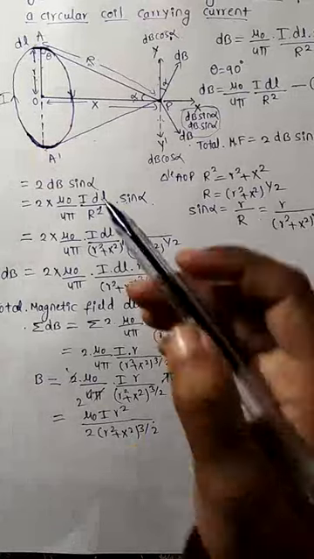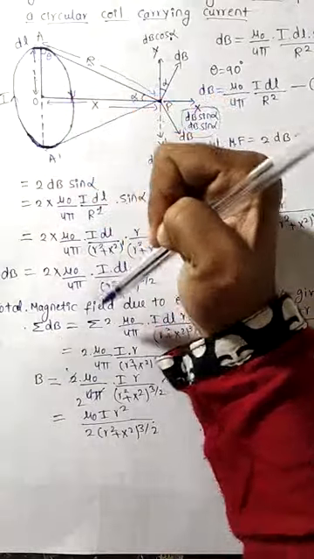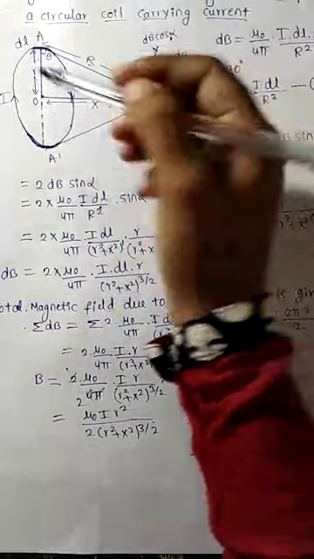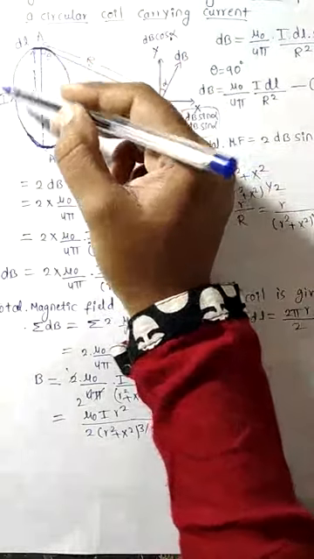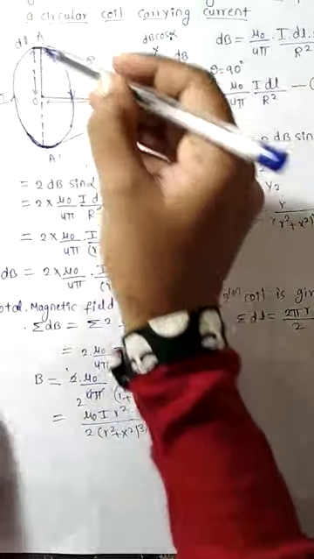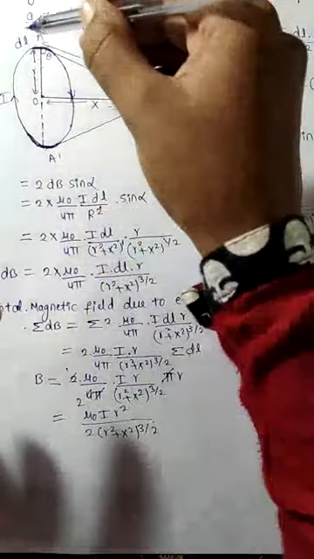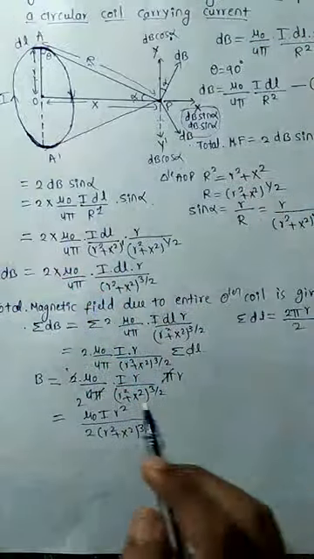But the thing is, here we have taken only one circular coil, which means only one conducting wire is rounded like this. But if many coils are mounted here, then what will we get?